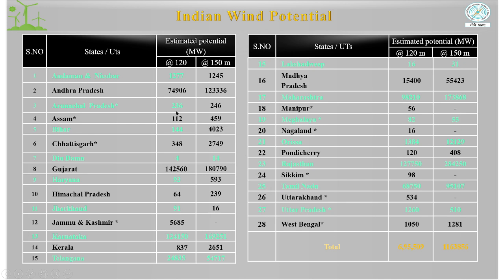One of the highest potentials is in Gujarat: 142 gigawatt at 120-meter, 180 gigawatt at 150-meter.